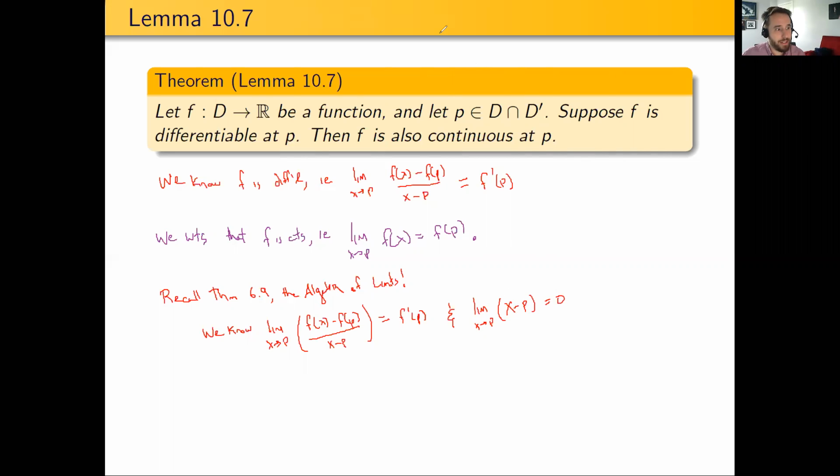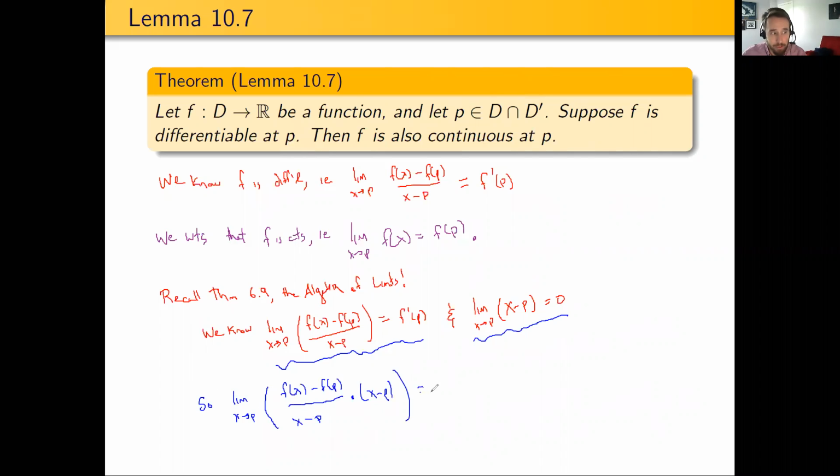Our strategy is going to be to take this limit and this limit, and then calculate the limit that we would get by multiplying this quantity times this quantity. So we get that the limit as x goes to p of the quantity f of x minus f of p over x minus p, that's the first bit, times the quantity x minus p.